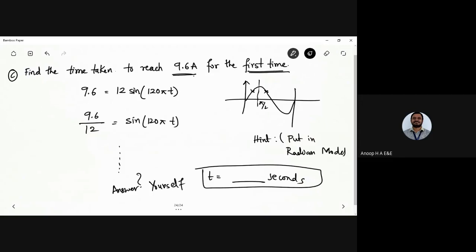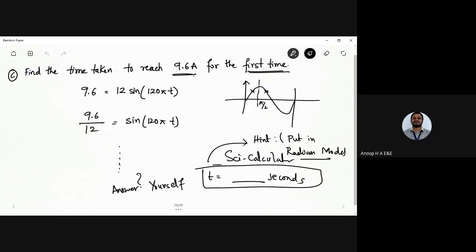Whatever scientific calculator you are having, put it in radian mode. I'm giving you a hint right now in this video. You have to do it, and then submit the answer when I tell you to. So what would be the time in seconds that you need to answer? That is where it is dependent.